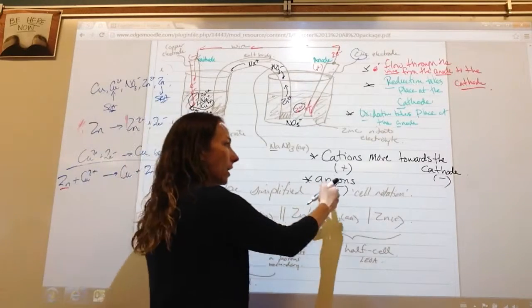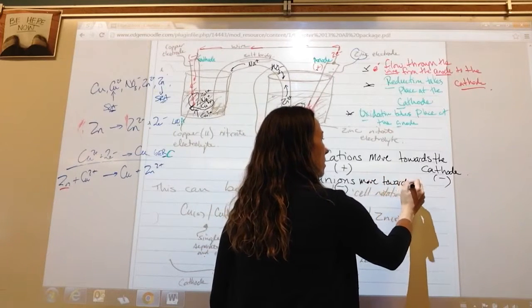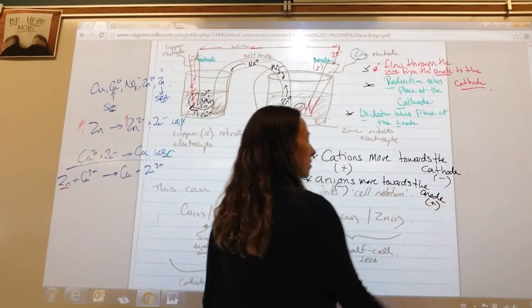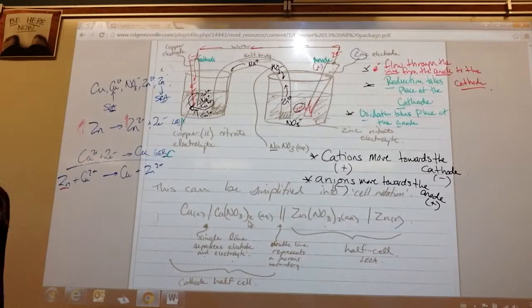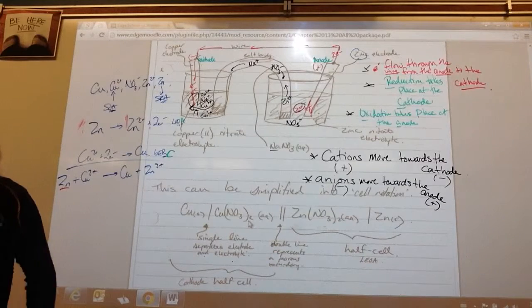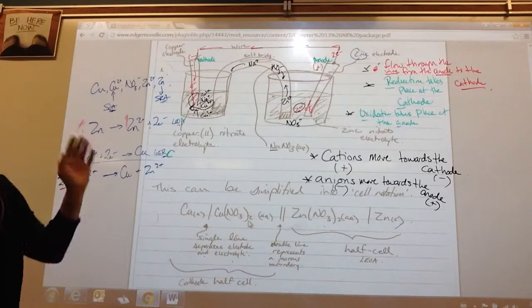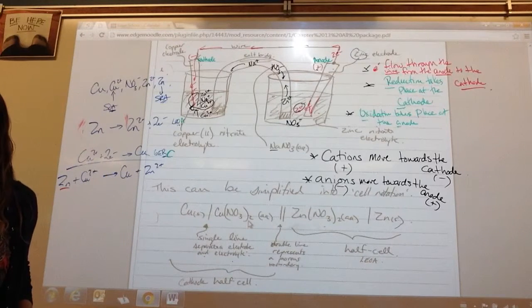Okay, so anions will move towards the anode, which is positive. Does that make sense? And so that's the whole essay, that's the whole story.